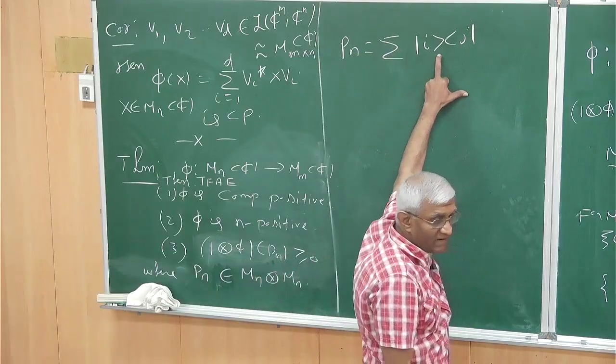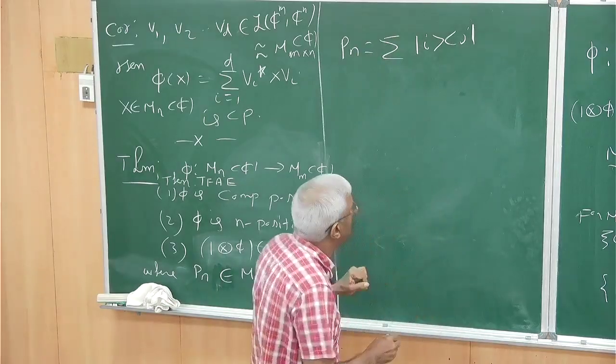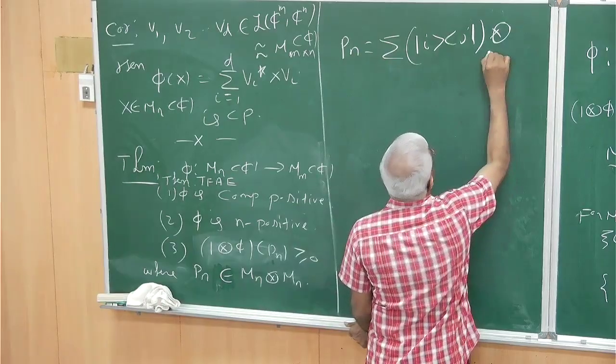This just means that we are specifying the ij-th entry as a matrix.